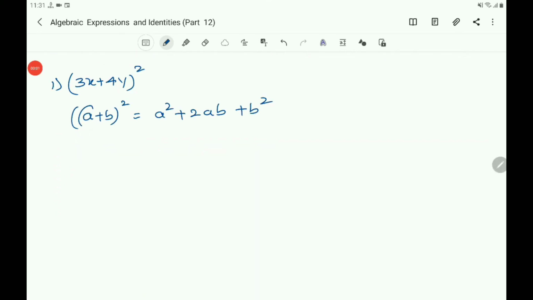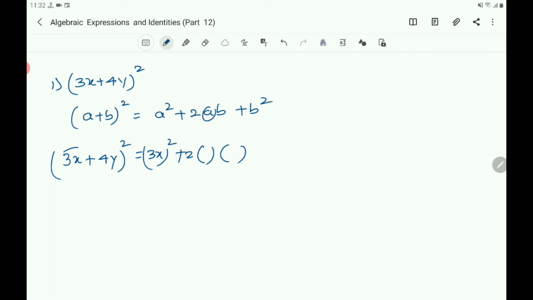In the place of a, you write 3x. In the place of b, you write 4y. So then it is 3x plus 4y whole square. 3x plus 4y whole square equals square of the first term, that is 3x whole square plus 2 into first term into second term.